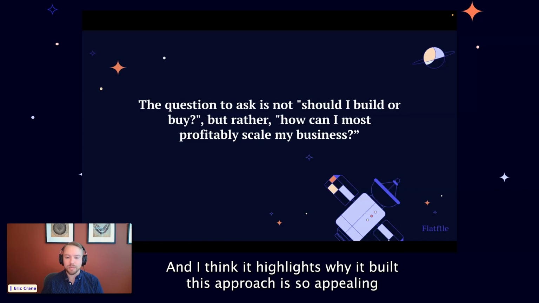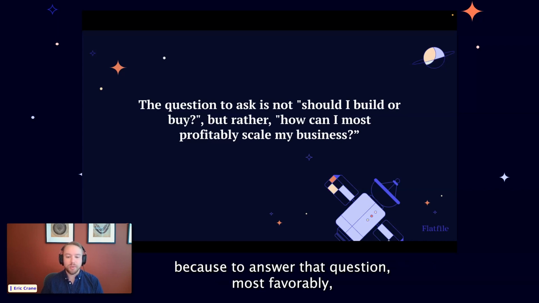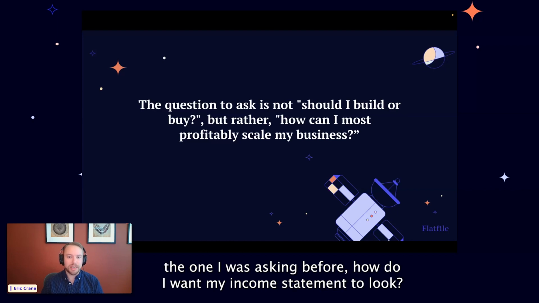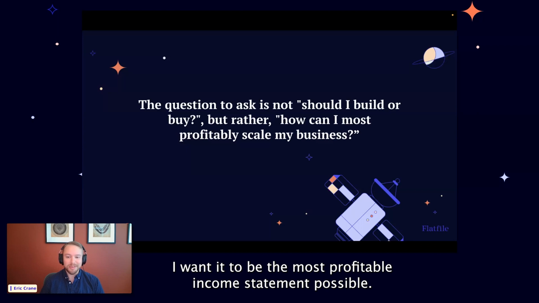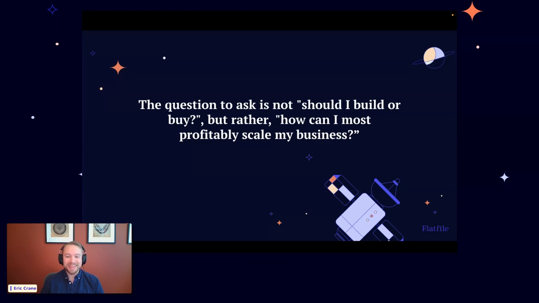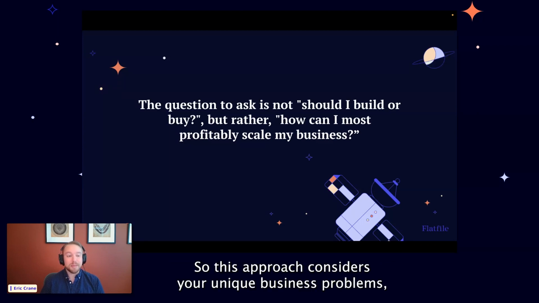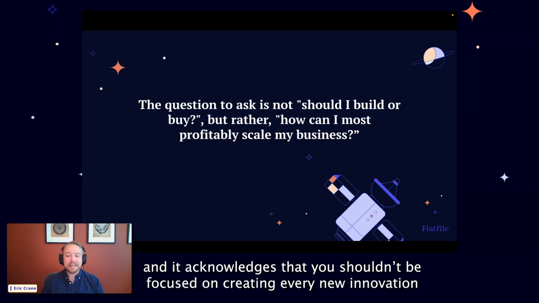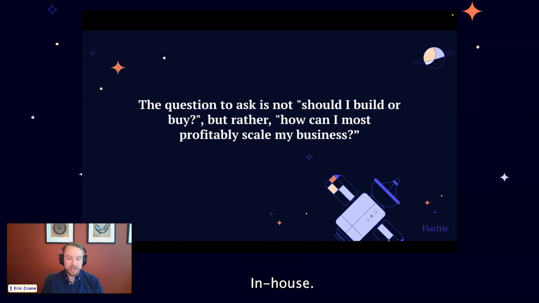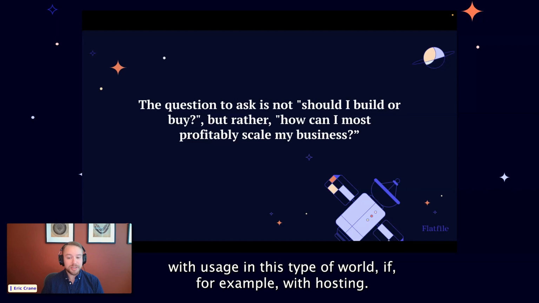And I think it highlights why the build with approach is so appealing, because it answers most favorably the question I was asking before. How do I want my income statement to look? I want it to be the most profitable income statement possible. So this approach considers your unique business problems, and it acknowledges that you shouldn't be focused on creating every new innovation in-house. Software spend is directly correlated with usage in this type of world, for example, with hosting.